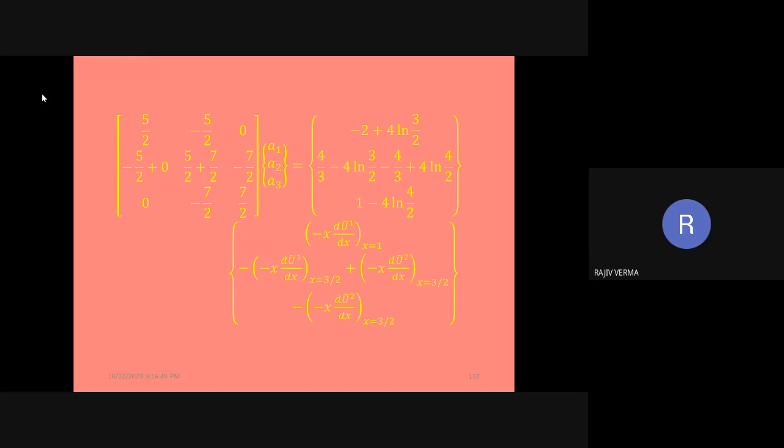And when you add equation number 2 and equation number 3, the corresponding terms on the right hand side of the equality sign also get added up. So the right hand side of the second equation and third equation is also getting added up.